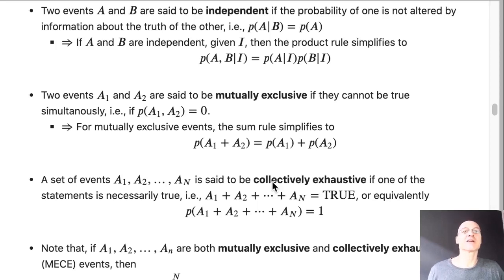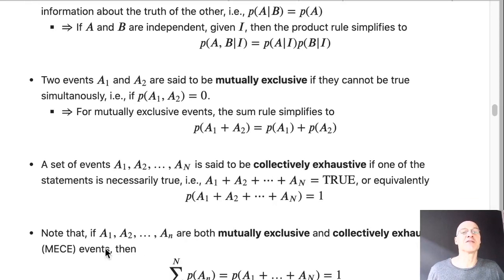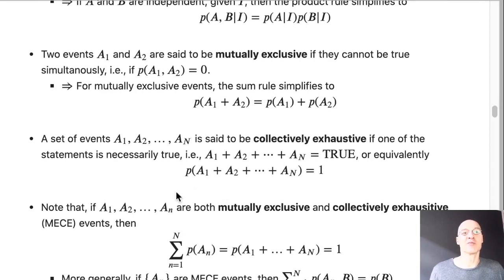In particular, if I have a set of events that are both mutually exclusive and collectively exhaustive, then something interesting happens. Then the sum of the probability of the individual events, well, I can write that as the probability of A1 or A2 and so forth, because this follows from the property that they are mutually exclusive.